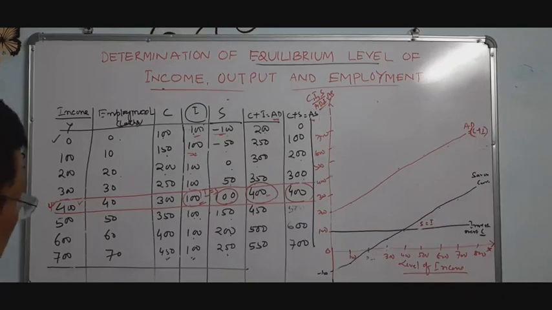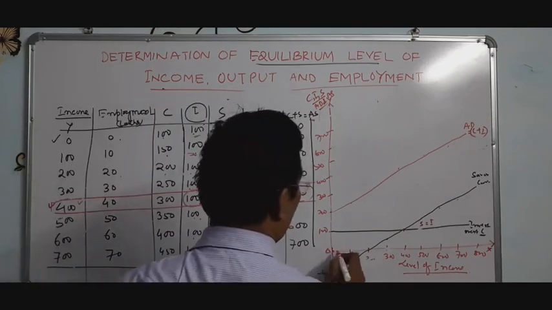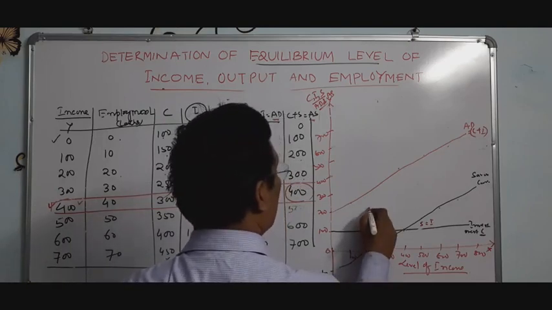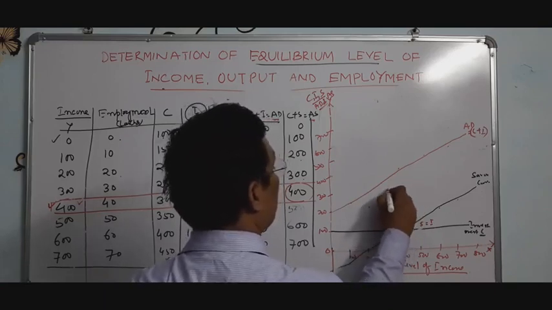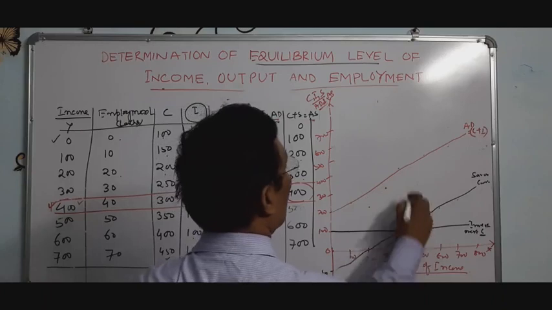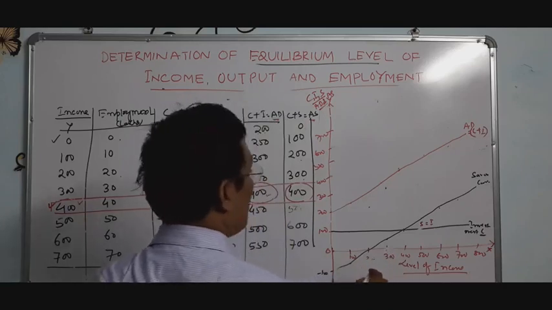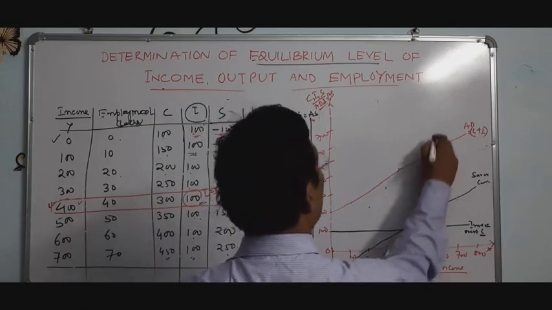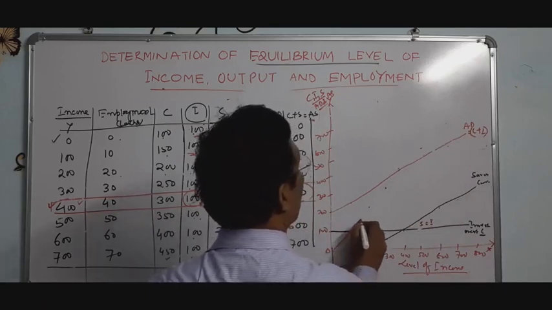And I will draw that aggregate supply. 0, 100, 200, 300, 400, 500, 600. So now the curve is like this.